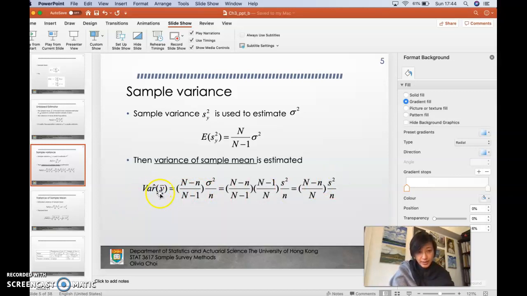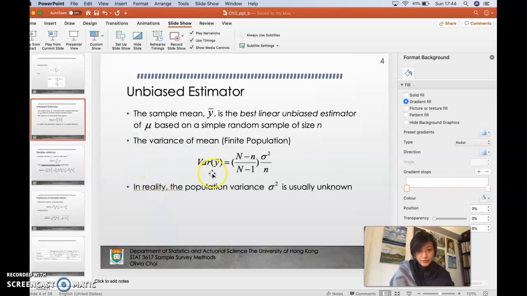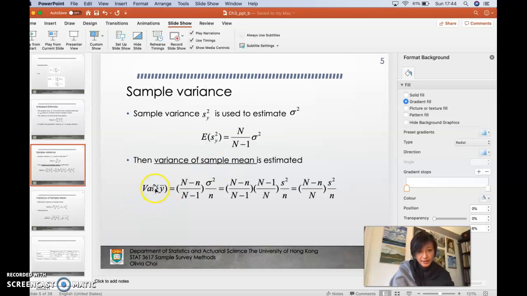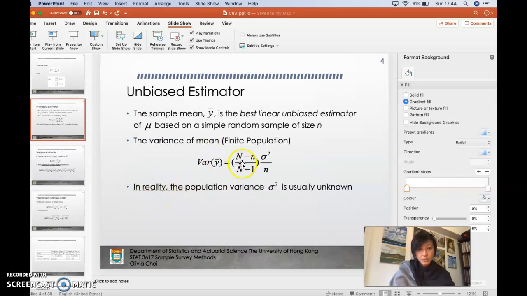So this is the estimate of the true value of the variance, and the estimate has a hat on top. This is the estimate of the variance of the sample mean because we're using our sample variance, s_y squared, for the calculation. Okay, so this factor in front of the estimated variance of y bar, or this factor for the true value of the variance of y bar, we call the finite population correction factor.